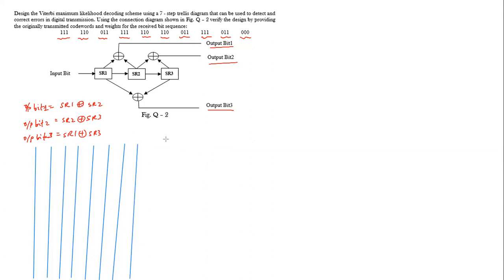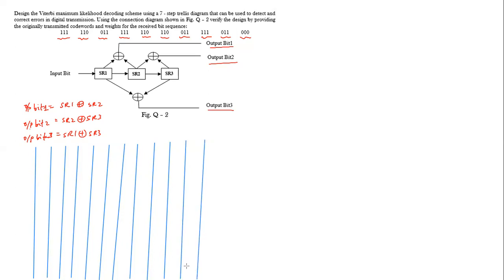Then we can have our state B. Then we can have our output bit 1, output bit 2. Then we can have our output bit 3.